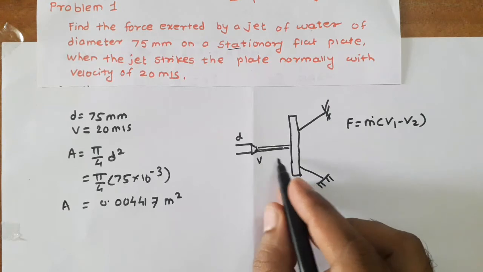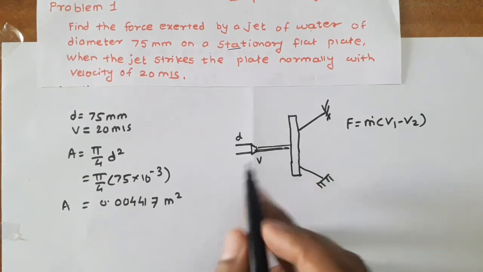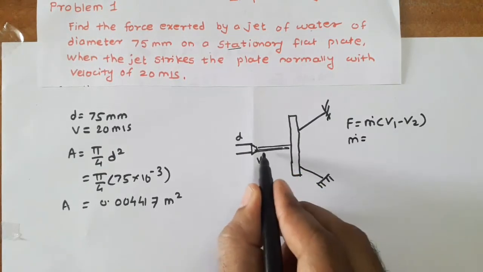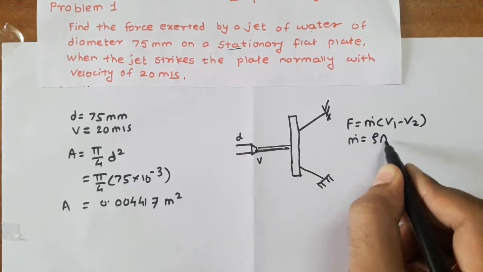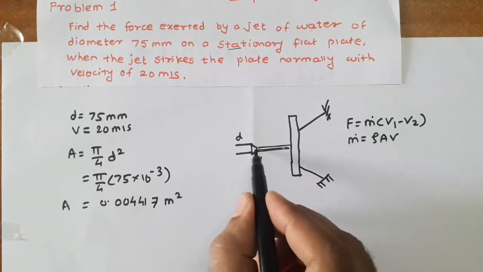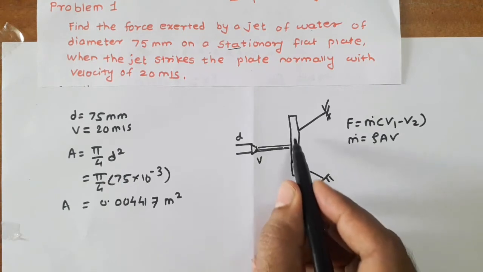Now in this case we will find out the equation first, then we can find out the force exerted by jet on plate. In this case the mass flow rate coming from a nozzle is rho A V. In this case the plate is fixed, so the water coming from a nozzle in the form of jet will 100% strike the blade.